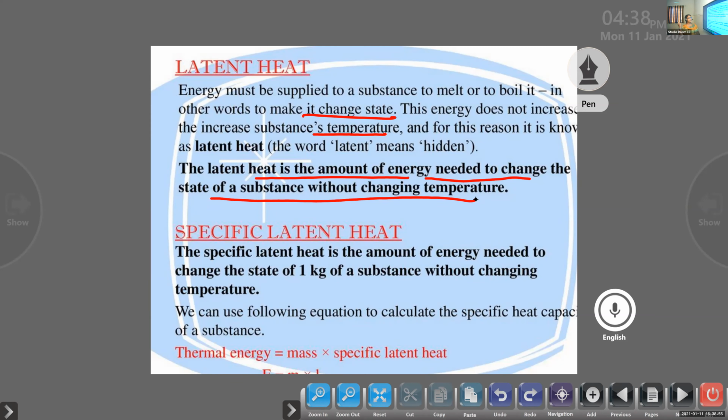You can write just this term: latent heat is the amount of heat energy needed to change the state of a substance without changing the temperature.